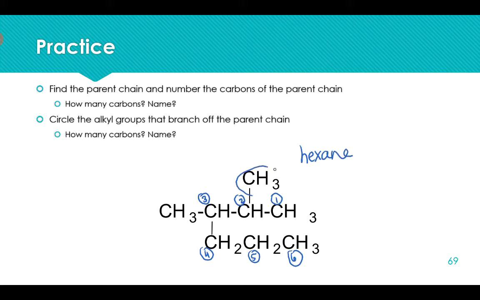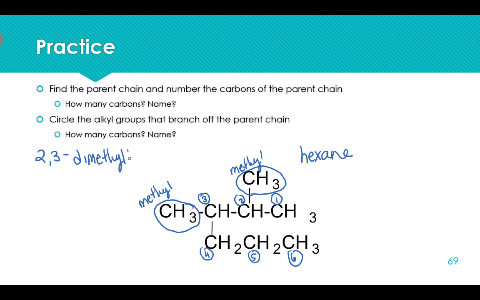I see a methyl off of carbon number 2. And I see a methyl off of carbon number 3. And so that's going to be, trying to find enough room to write everything, 2, 3 dimethyl hexane.